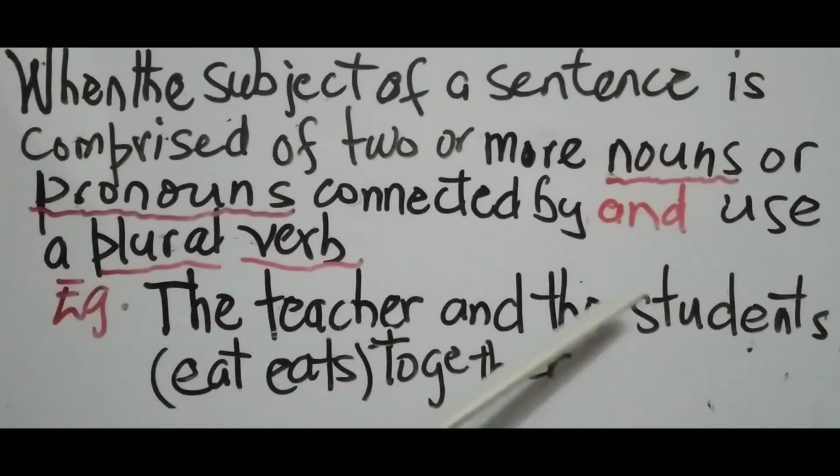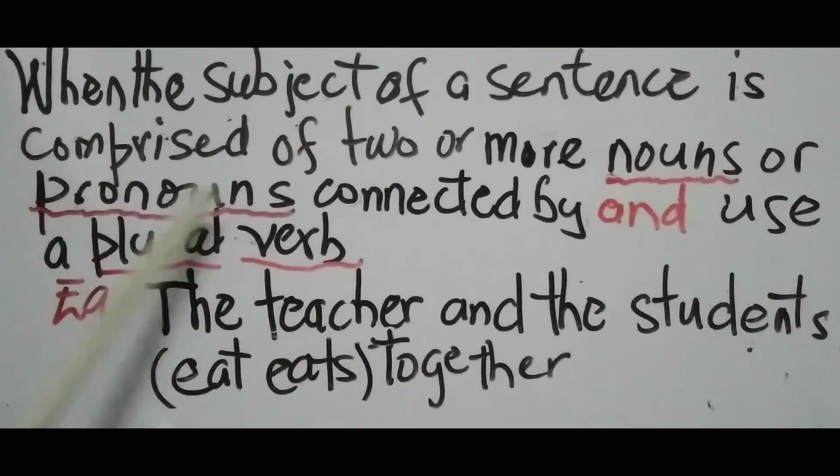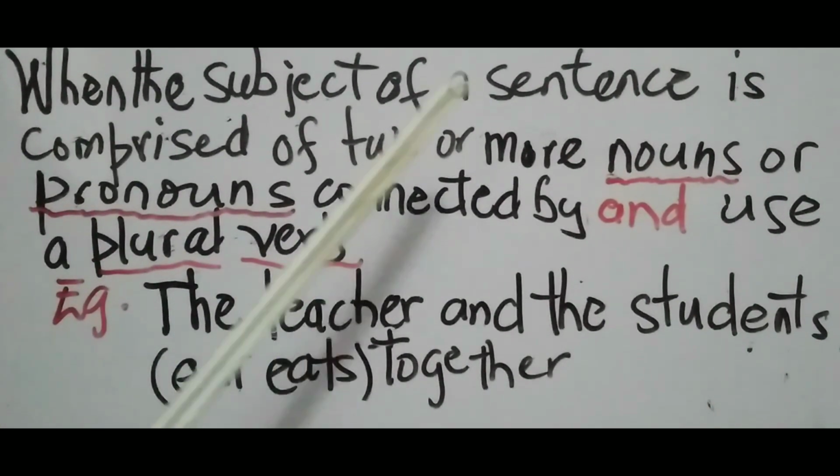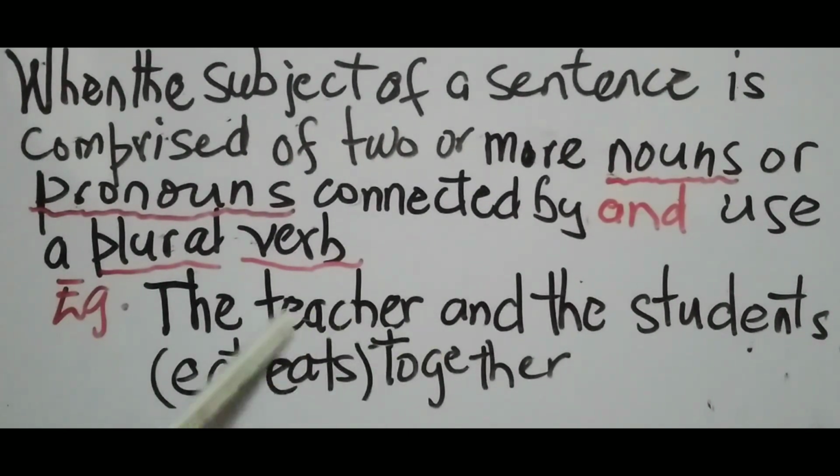Whenever we have that situation, the two nouns, teacher and students, joined by "and," we must use the plural verb. So in this case, the plural verb would be what? Eat. Because remember, the plural verb is the one without the S. So the answer would be "eat." Let's underline that.